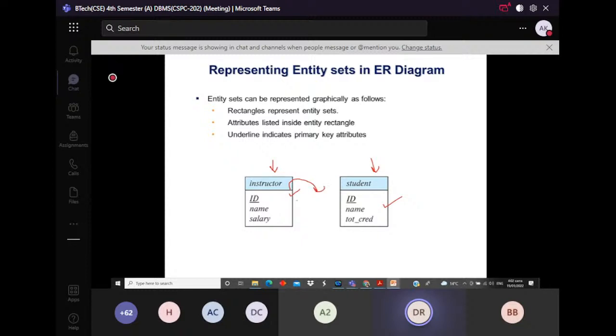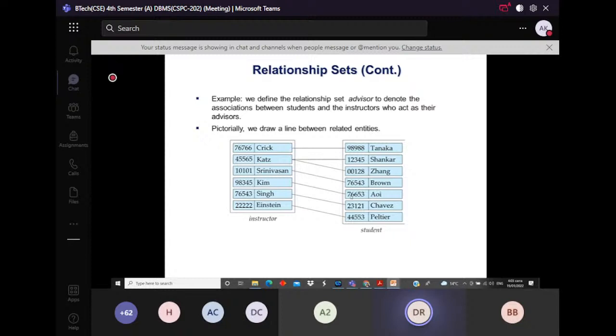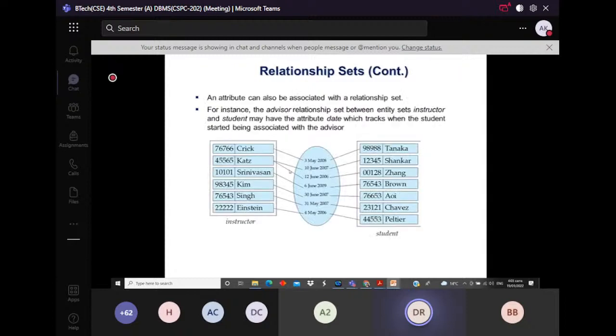If an instructor is associated with a student, then there is a relationship between them, and the relationship is represented with a diamond shape. In this case it is advisor. So diamonds represent relationships.